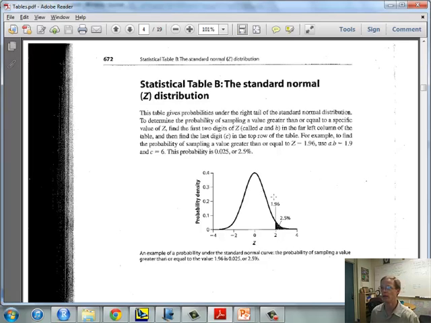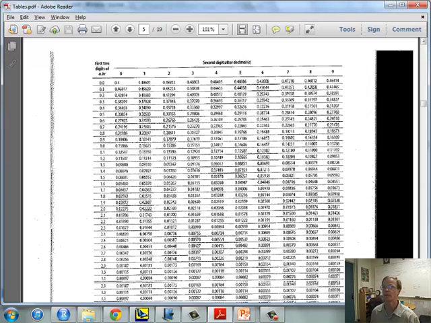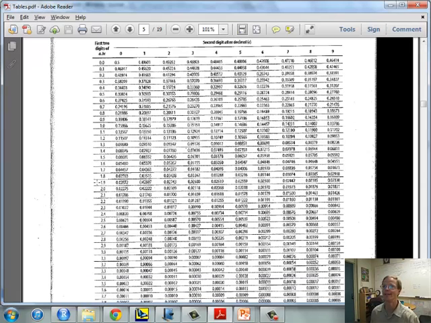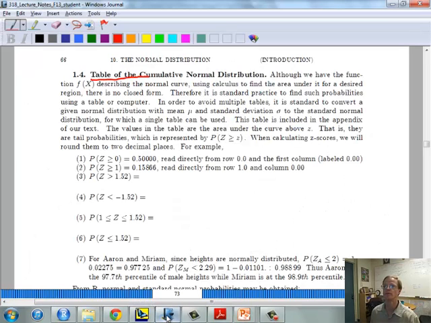So for example, 1.96 is going to read 2.5%. That is this upper right tail region. So I come down here, look at 1.9 in the row, going to the 6 in the column, 0.025. To practice, let's just do a couple of them from the notes here.